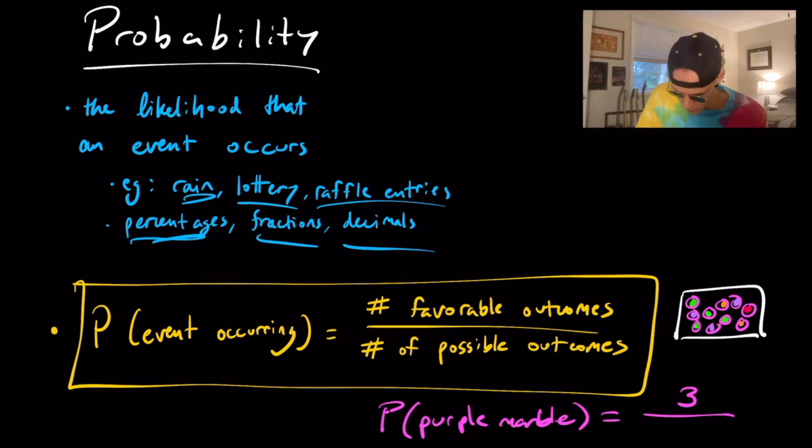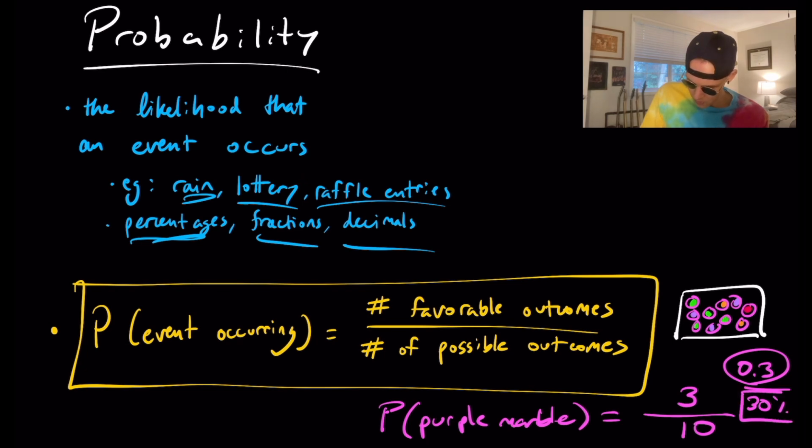So count those up. We got 1, 2, 3, 4, 5, 6, 7, 8, 9, 10. So the probability that you pick a purple marble is 3 out of 10. Or if you want to write it as a decimal, that would be 0.3. Or as a percentage, which would probably make the most sense, it would be 30%.